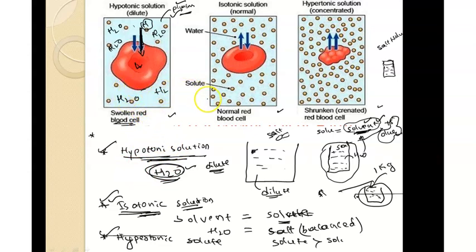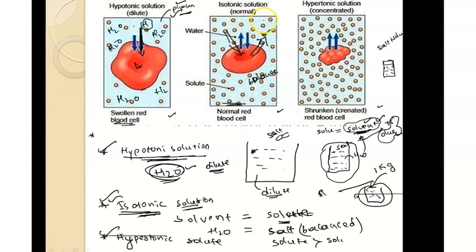Here is the osmosis process. And if my solution is like this, if it is normal, then the amount of water present outside in the environment and inside the cell is balanced. Then if 10 water particles enter into the cell, the same amount of water particles will also come out of the cell, because it is balanced.